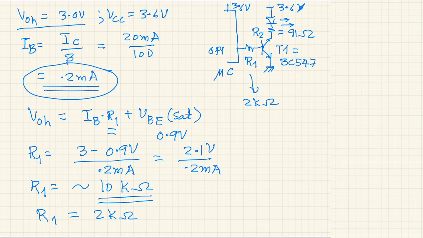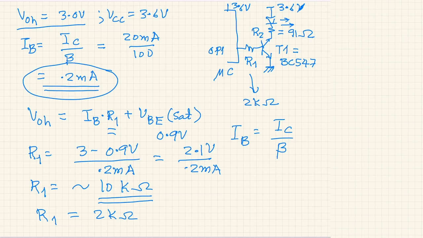To saturate the transistor, we must drive a certain amount of base current, which is much more than the base current you would get by merely this relationship, that base current is equal to the collector current divided by beta.